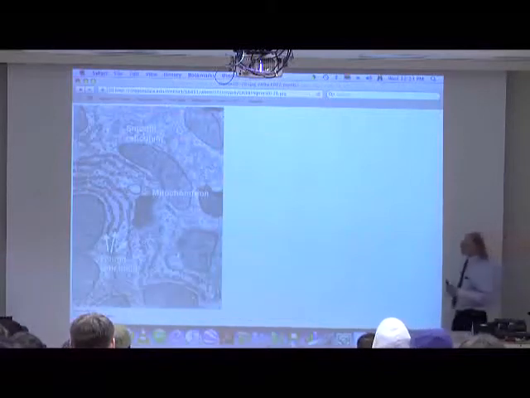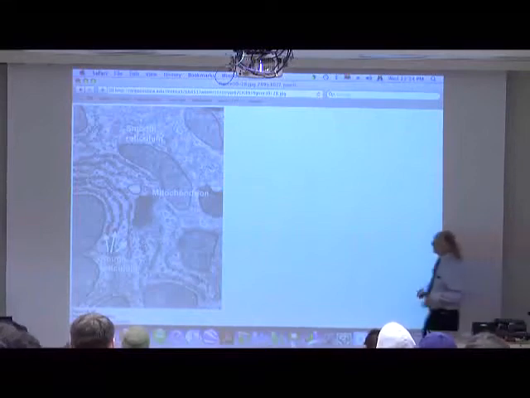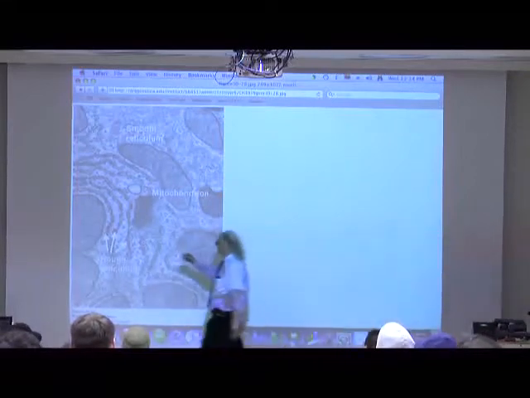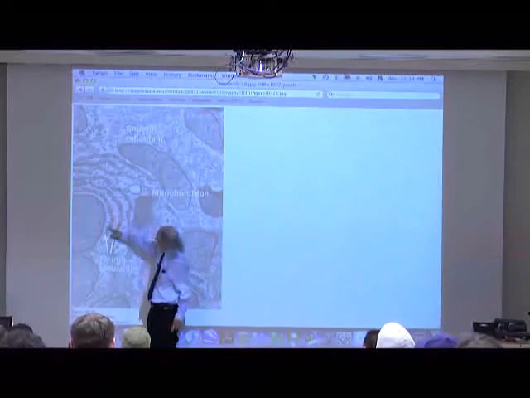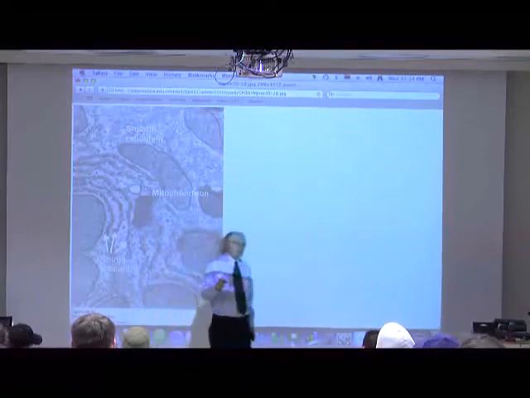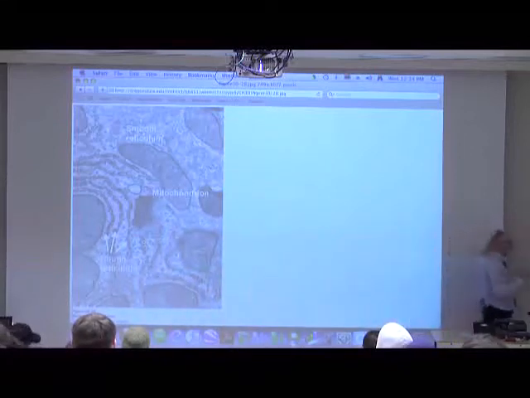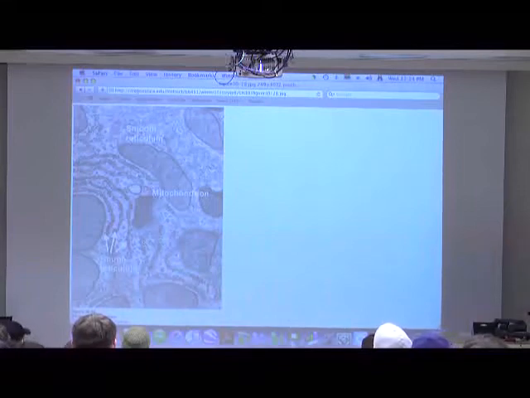So for proteins, there's a picture of, actually it's kind of a cool picture, the endoplasmic reticulum, and you can see these little dots all over it. Okay, you see the dots? Those dots are ribosomes, and they're translating. So for a certain class of proteins, those proteins start being translated in the cytoplasm, and then they migrate to the endoplasmic reticulum.